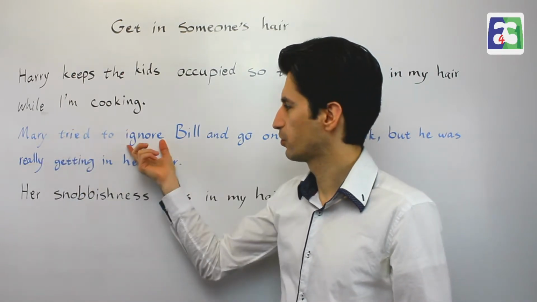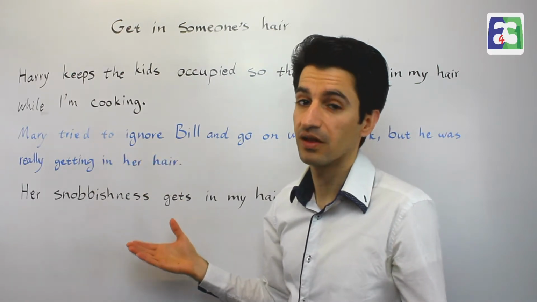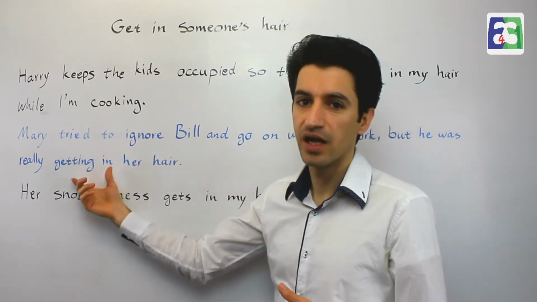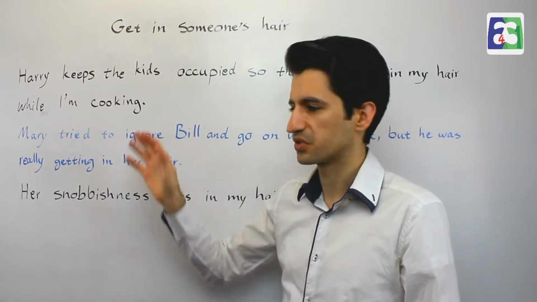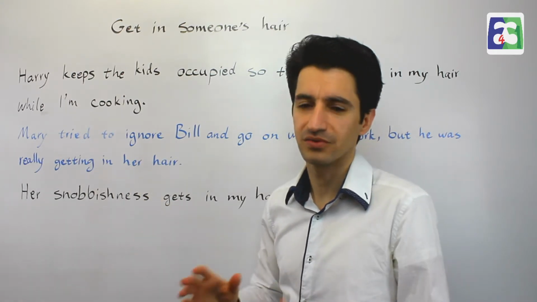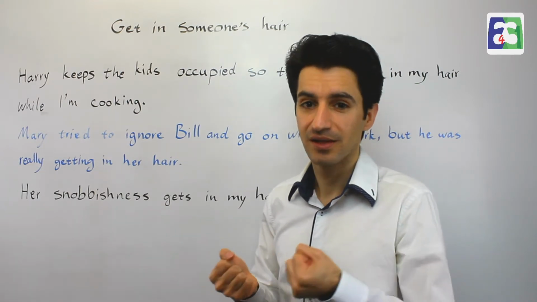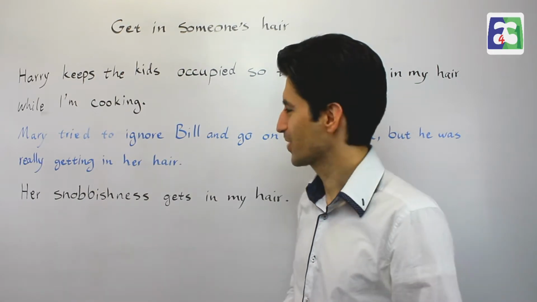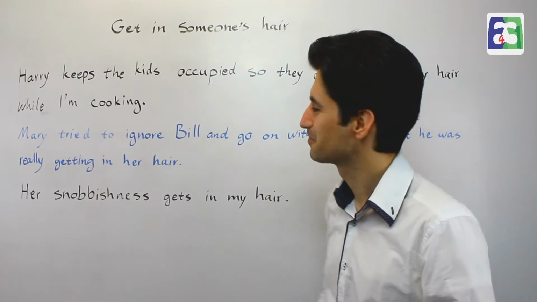Mary tries to ignore him, just as if he is not there, but his presence really annoys Mary. And Mary can't really say, yeah, whatever, you're here, that's fine. No, she really can't feel that way, and she is annoyed. She is really frustrated because of his presence, or maybe because he says something or does something.